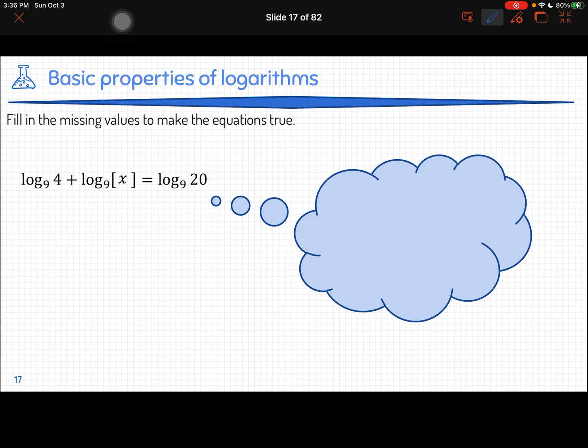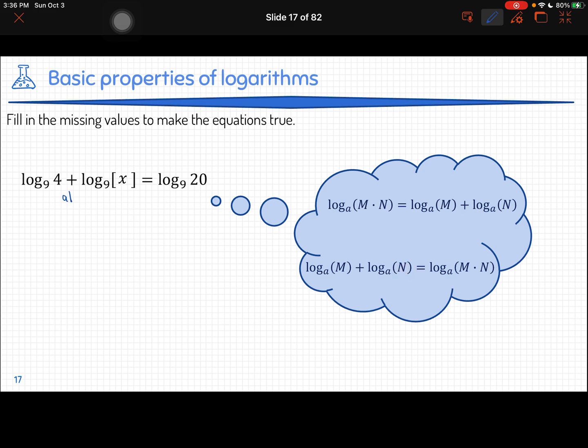So we need to find on the set of properties which one has this case, and we find that the addition of two logarithms is equal to the logarithm of the product. So we can see the same property in this way.